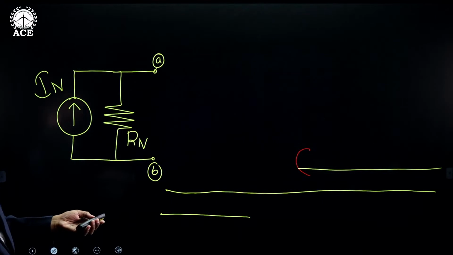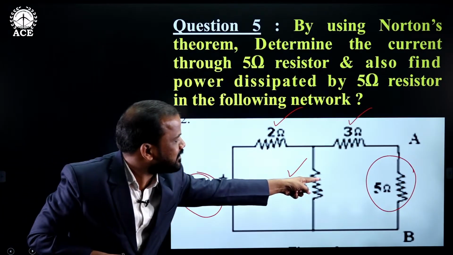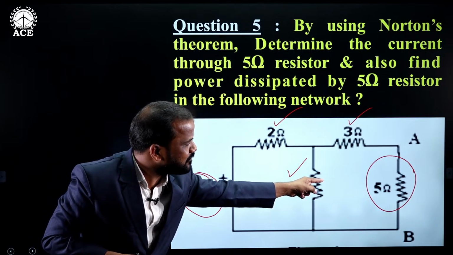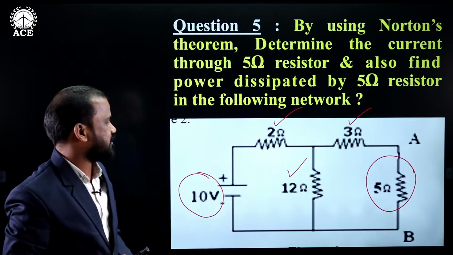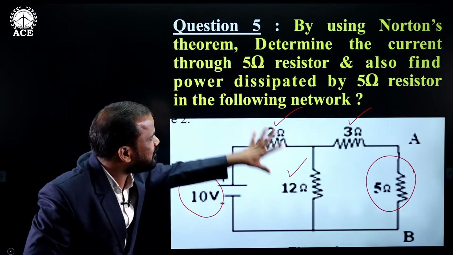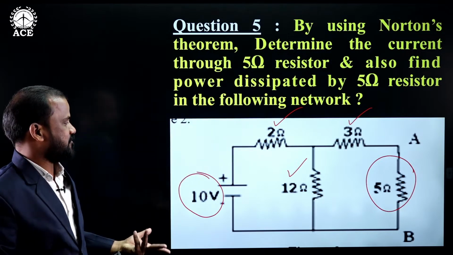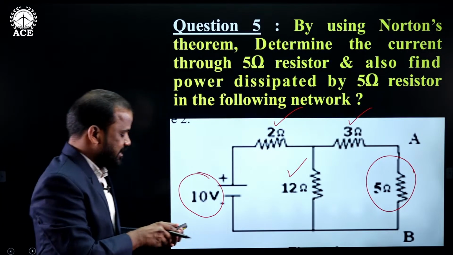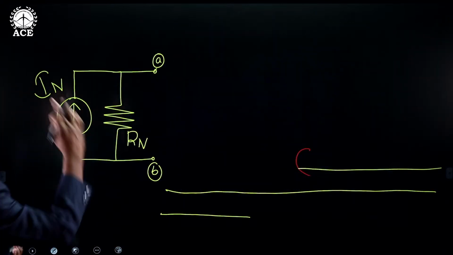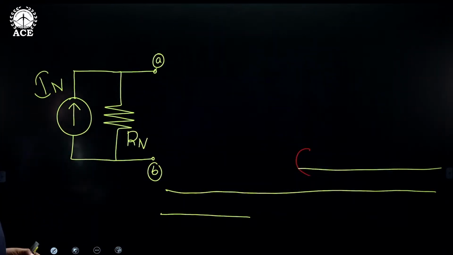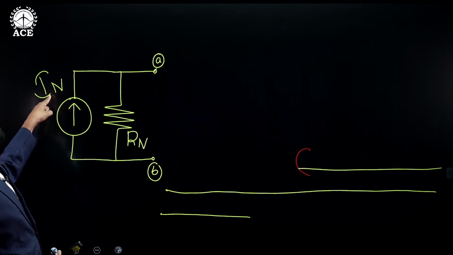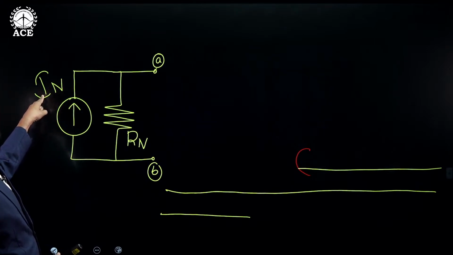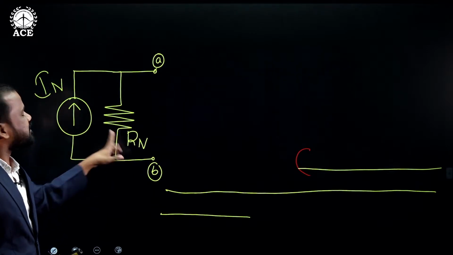After disconnecting this 5 ohm resistance from the given network, the network becomes a two-terminal linear network. That linear network can be replaced by this equivalent circuit. It is possible by calculating the value of Norton's current and Norton resistance.